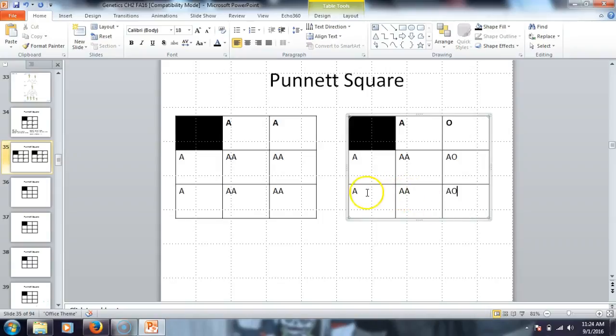The only way we would know for sure is obviously to do testing. I did this wrong. This happens when you try to work backwards. AO, AA, and AO. So for this one, this is the other possibility with A.